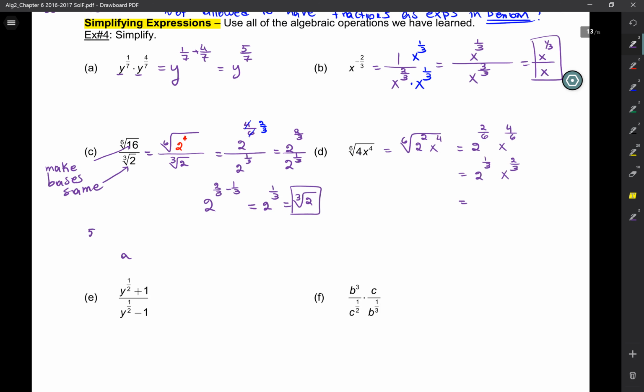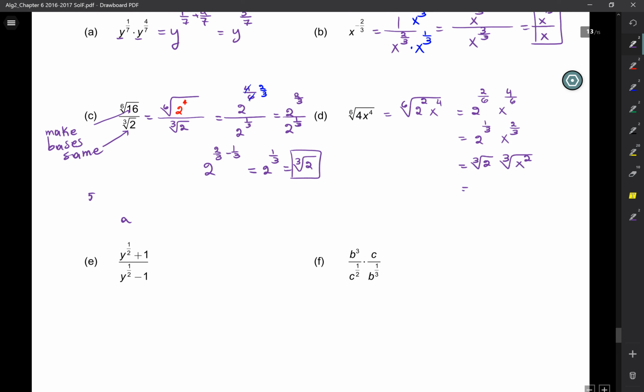So this is going to be cube root of 2. Cube root of what? x squared. Finally, when you have the same cube root, you can combine them into the cube root of 2x squared. Okay?